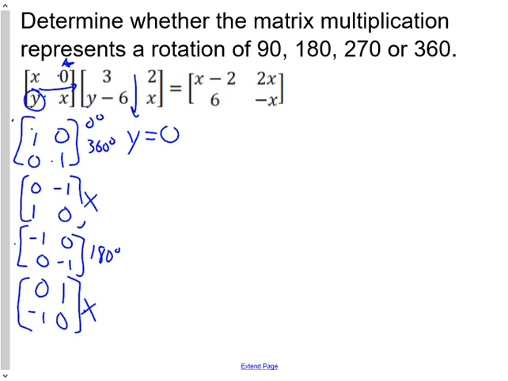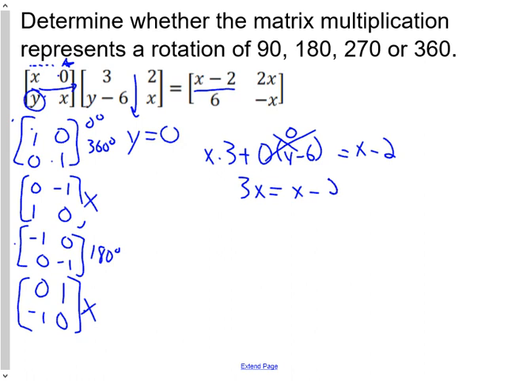So just doing the math, right? x times 3 plus 0 times y minus 6, which is 0 anyway, equals x minus 2. So this gives us 3x is x minus 2, minus x from both sides, divide by 2. 2x is minus 2, so x is minus 1.